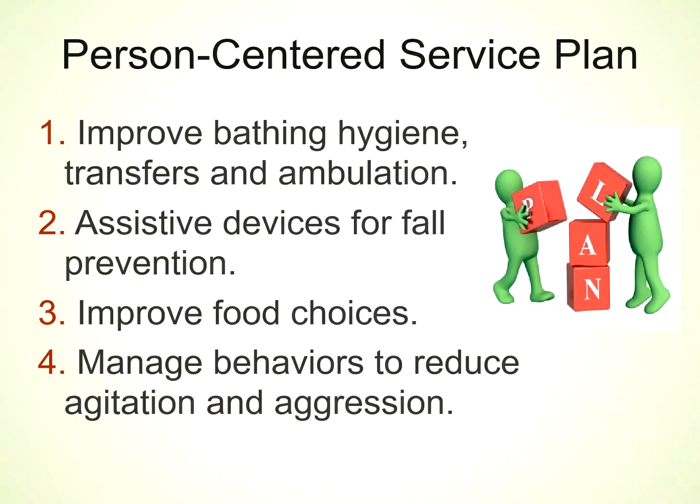On her person-centered service plan, she and her informal caregiver selected improving her bathing and hygiene, transfer and ambulation, assistive devices for fall prevention, improving her food choices, and managing her behaviors to reduce the agitation and aggression.